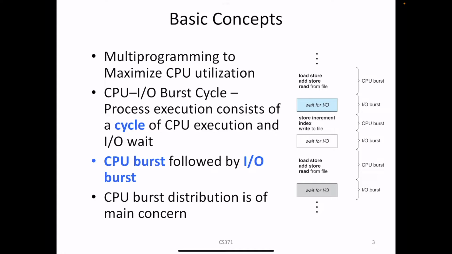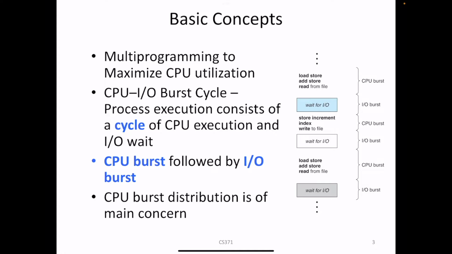Remember, we have talked about how to load a program into the system, then it becomes a process. Then the process is executed in the system until it is finished. Normally, there will be a switch as a cycle.